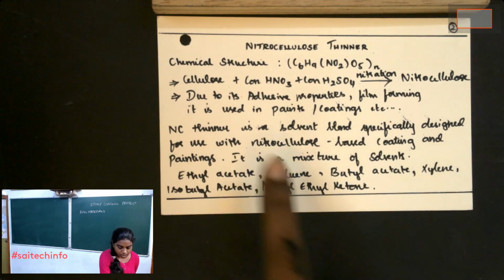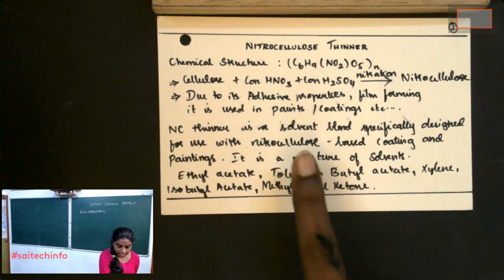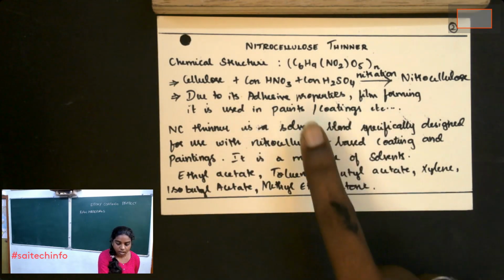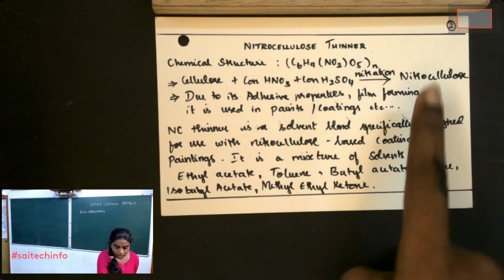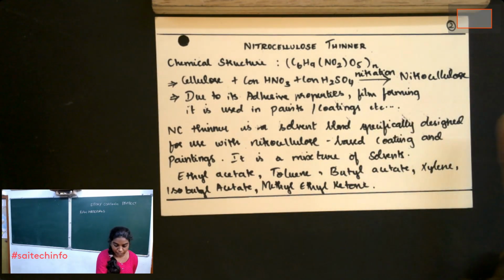So cellulose plus concentrated nitric acid and concentrated sulfuric acid, by nitration, we will get nitrocellulose. The property of nitrocellulose is also to improve the viscosity of the base and hardener mixture, and due to its adhesive properties it will make a film forming. It is used in paints and coatings.